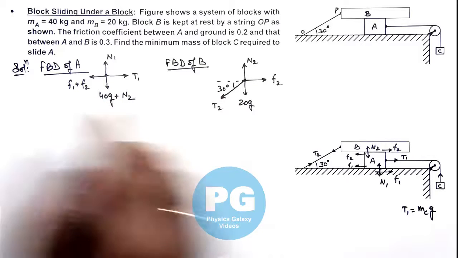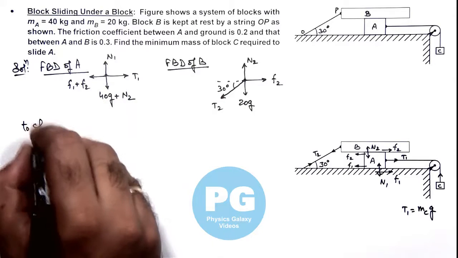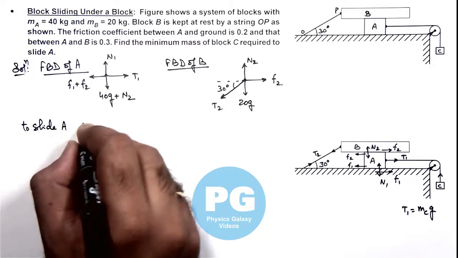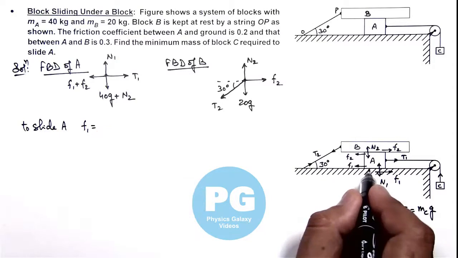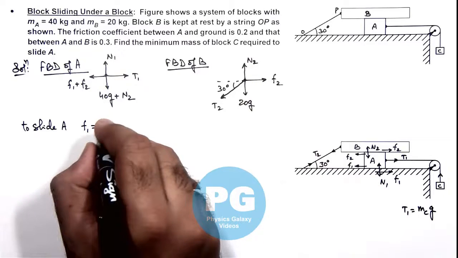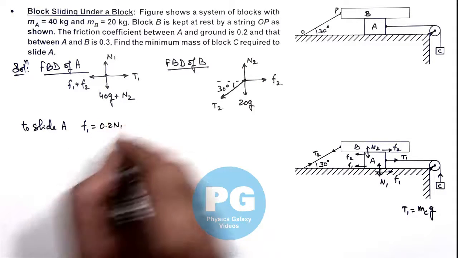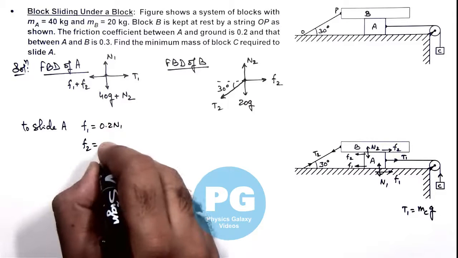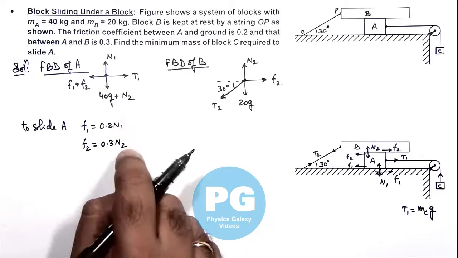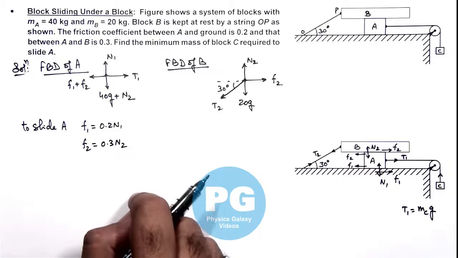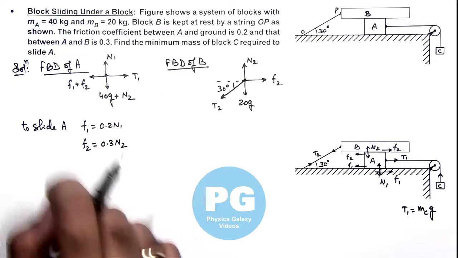So in this situation we can write to slide A, friction F1 should be equal to, here friction coefficient is 0.2, so 0.2 N1, and friction F2 should be equal to 0.3 N2. So let's first calculate N1 and N2, then we get the values of these frictions, for which we can write the equations.